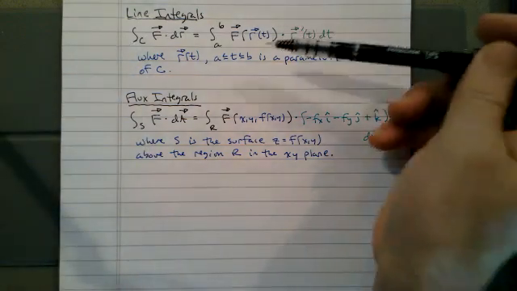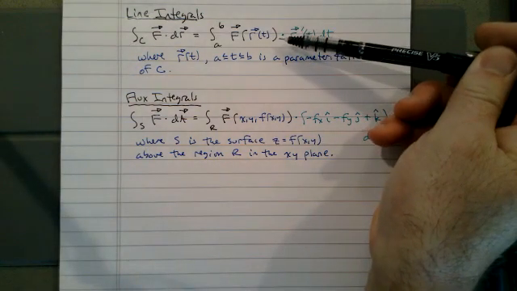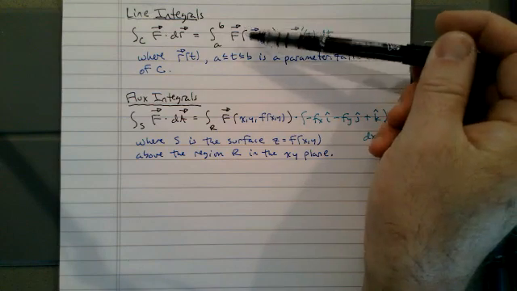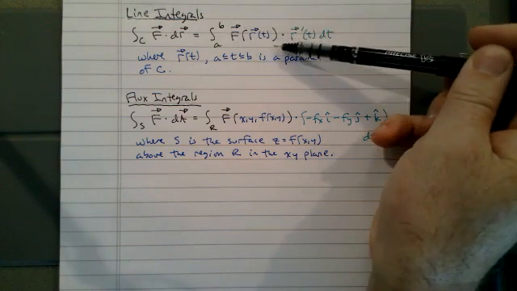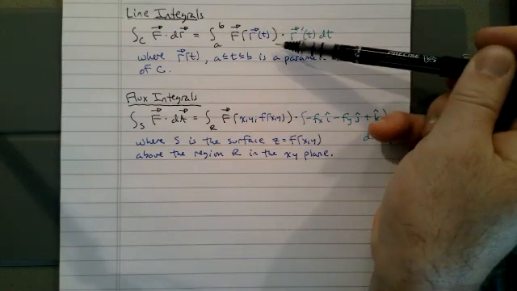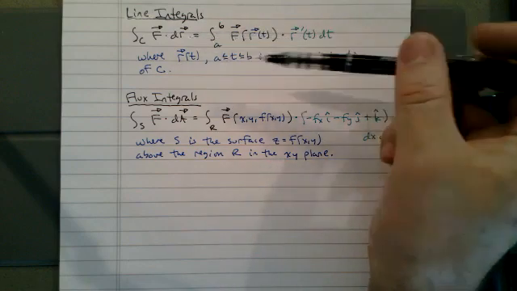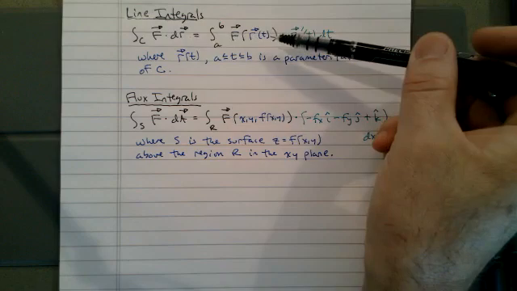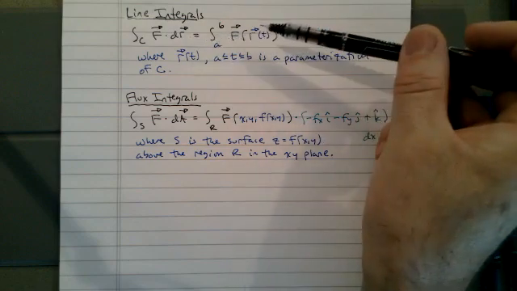And that's what this factor looks like. We take the vector field f and evaluate it at all the points on the curve. This is us describing all the points on the curve. And then we have to write dr in terms of t.